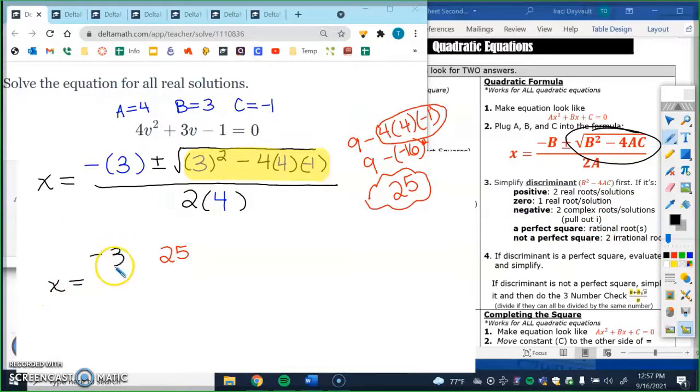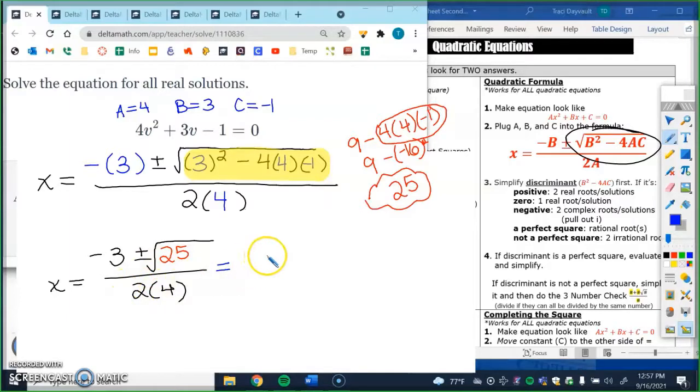Sorry. So we have negative b plus or minus the square root of 25 over 2 times 4. So again, the first thing I did was simplify the discriminant, and then this is the discriminant right here, and we got 25. Okay, next thing I'm going to do, just continue.